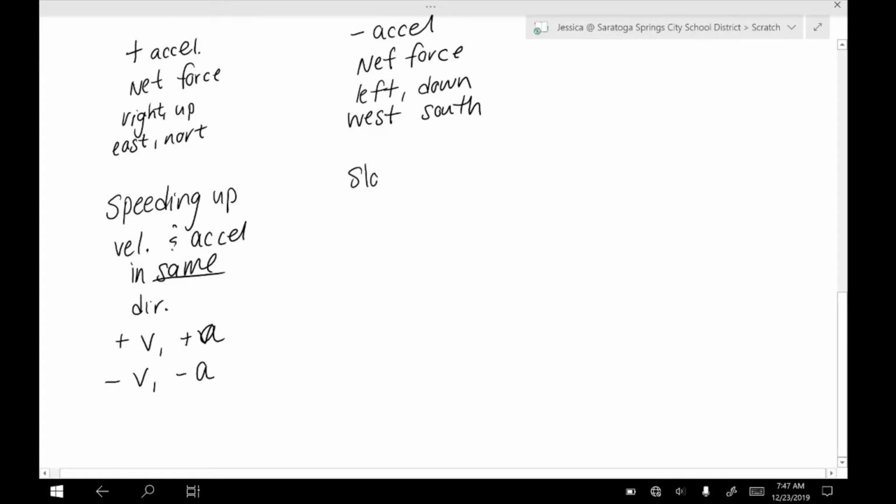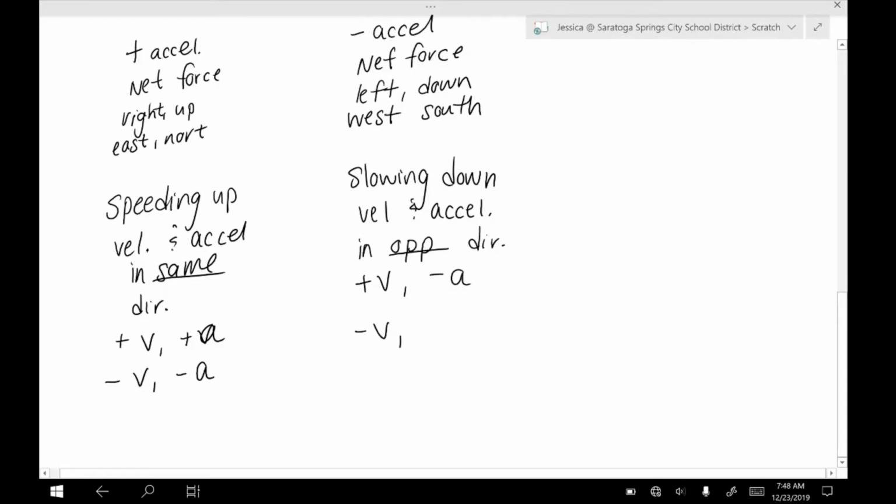If we are slowing down, velocity and acceleration need to oppose each other, right? Just like if you need an object to slow down, you have to apply a net force opposite of the direction it's moving. Makes sense. So these need to be in opposite directions: positive velocity, negative acceleration, or negative velocity, positive acceleration.